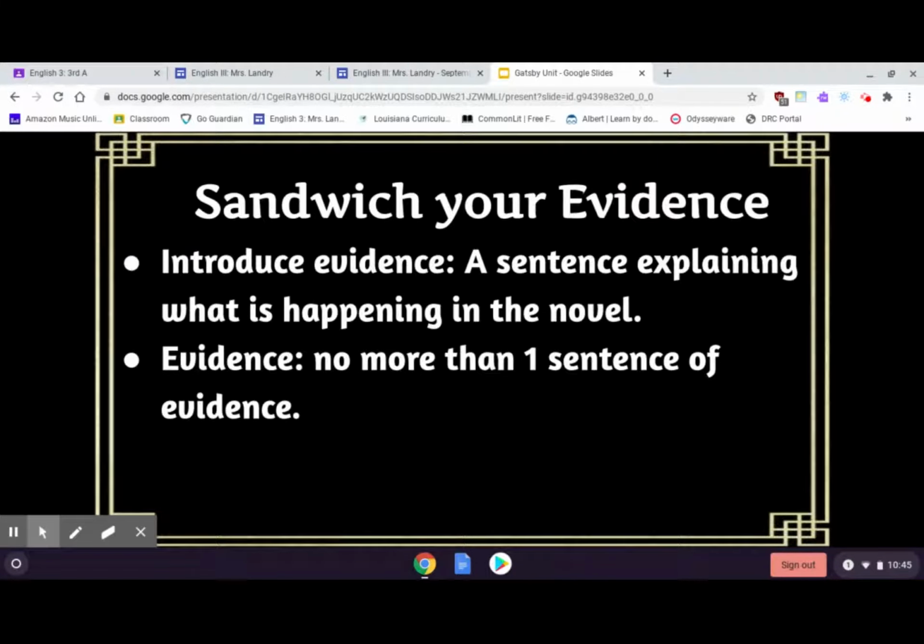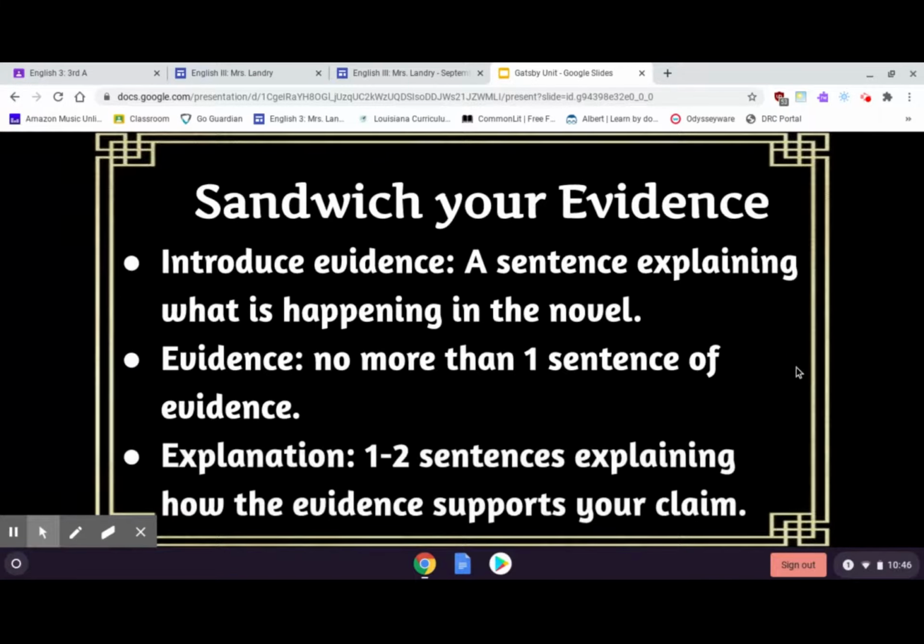I do not want you to put in a whole paragraph of evidence. And then you need an explanation sentence. This is 1 to 2 sentences explaining how that evidence supports your claim. So each piece of evidence should have 3 sentences with it, 1 before, 1 after, and then a sentence with the evidence. That's called sandwiching your evidence. You might have heard it called hugging your quotes or your evidence.